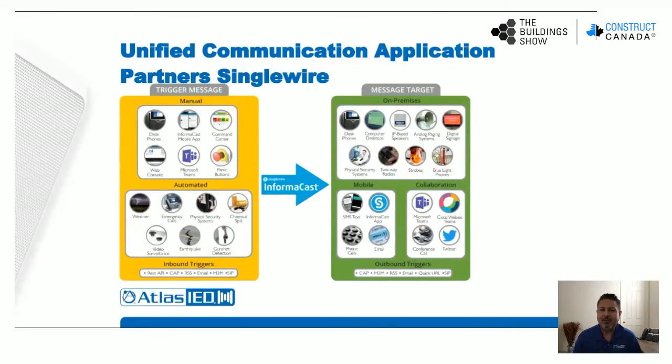Some of these critical alerts can be defined as a need for weather advisories. So if a location or a campus wants to subscribe to severe weather notifications, that can be achieved by the software partner being used in this ecosystem.